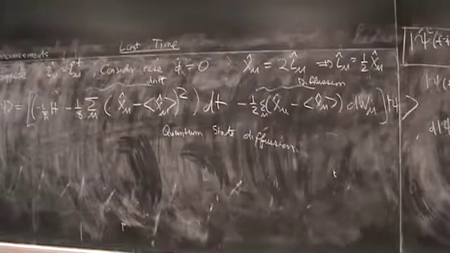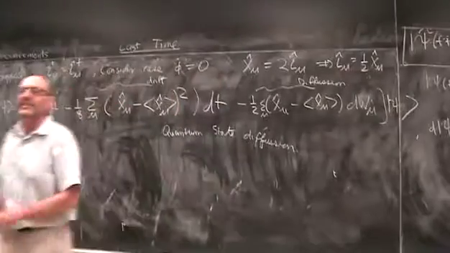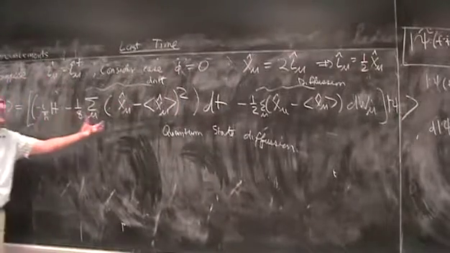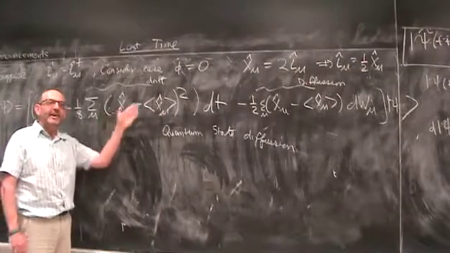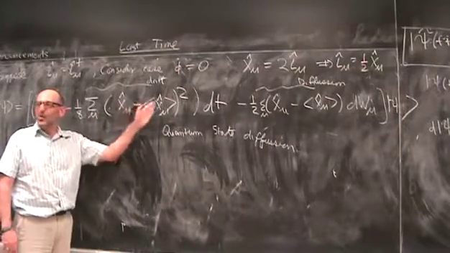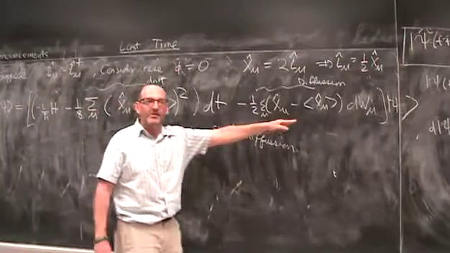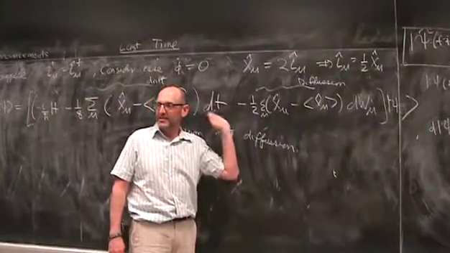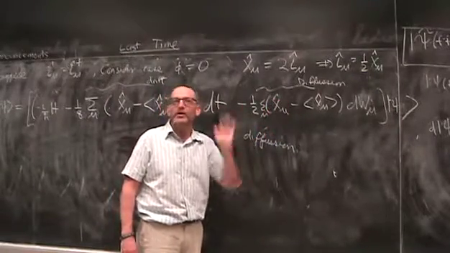And what you see here is that the effect of the measurement is to try to damp out the state so that this gets to whatever its local mean is. And it diffuses it as well because of the fluctuation-dissipation relation. They're kind of one and the same.